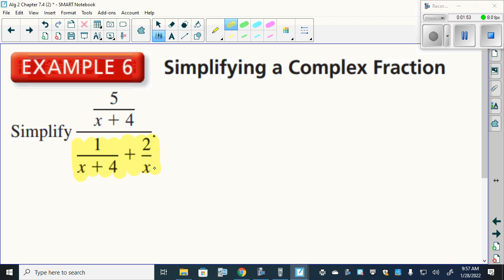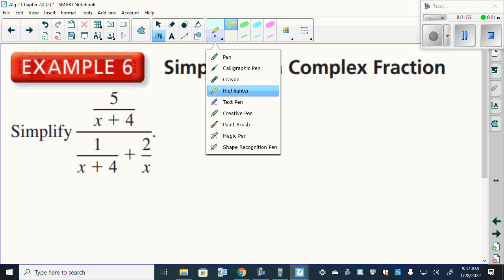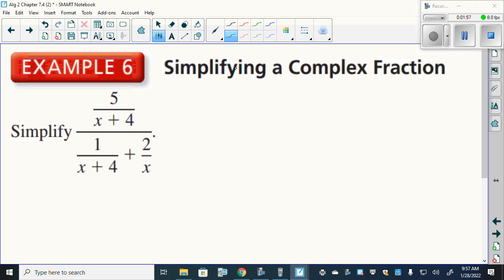So, okay, I'm actually going to walk this one through. You don't have to copy this down because I'm going to do it again by method 2. So what we would need to do is, well, the numerator is already a single term. So that's fine. We need the denominator to be a single term.